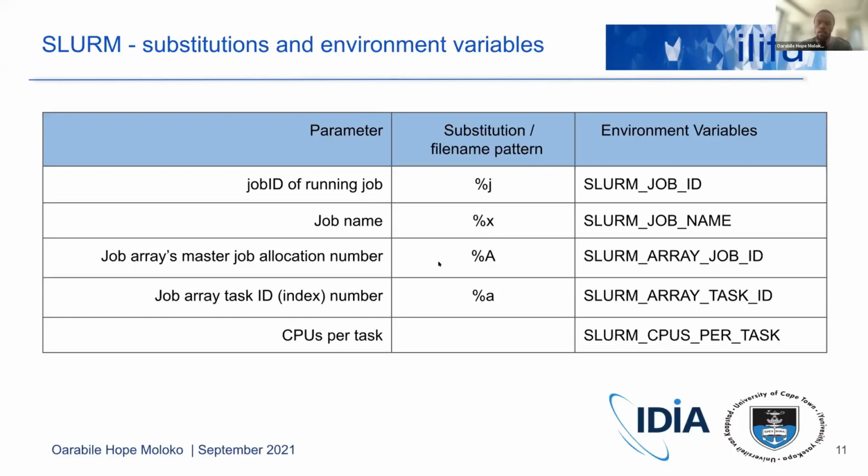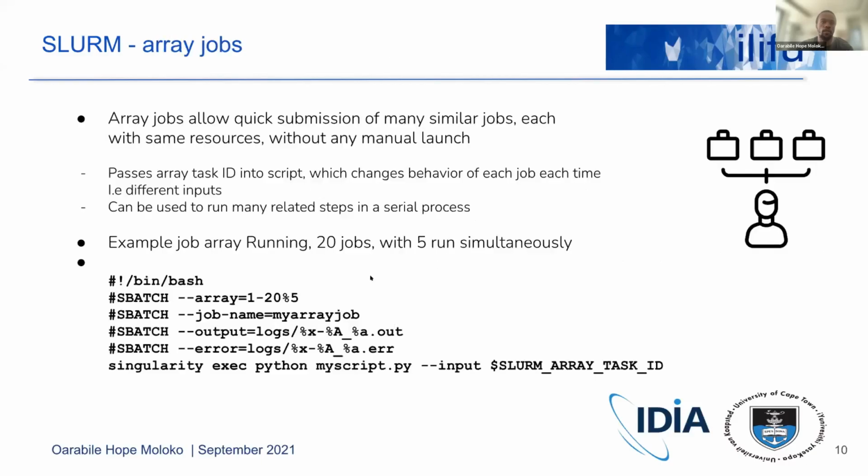The environment variables are used within the environment of SLURM, where all the computation is made. If I go back to the array job, you can see I have singularity execute Python, my script, input, and then this SLURM array task ID. This variable is going to be used within the environment to run whatever computation is needed.